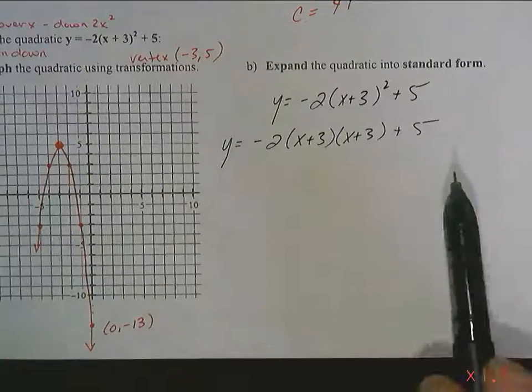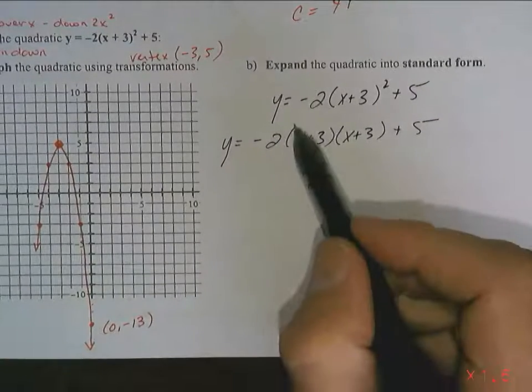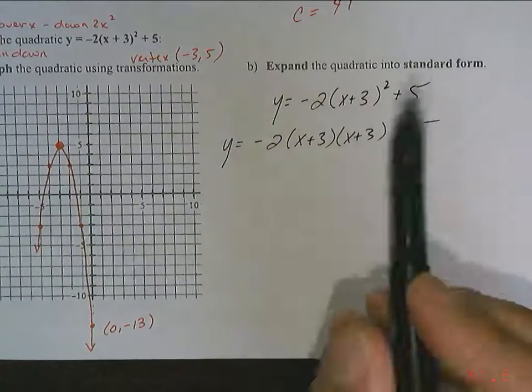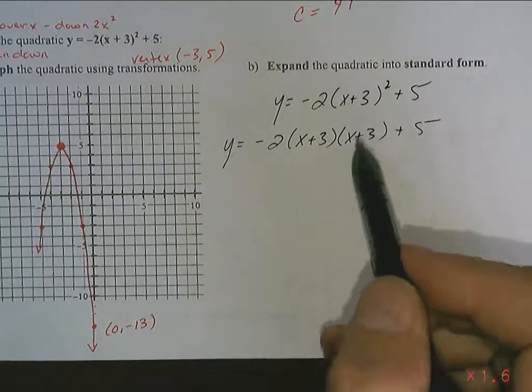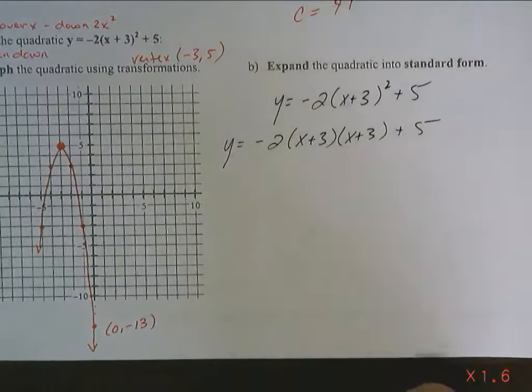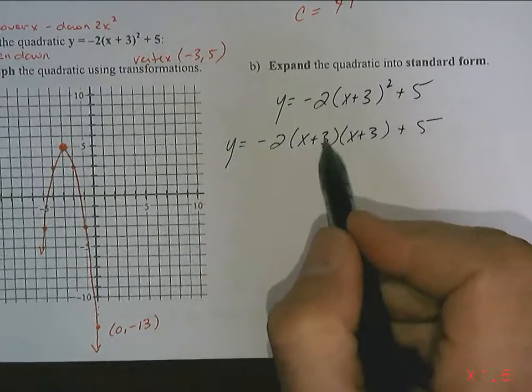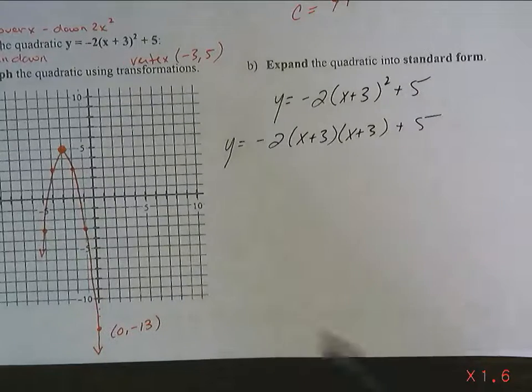Now we have an option. We can take that negative 2 and put it into this bracket, or we can take that negative 2 and put it into this bracket. You can't put it into both. And your third option is to expand out your two binomials first and then put the negative 2 in.